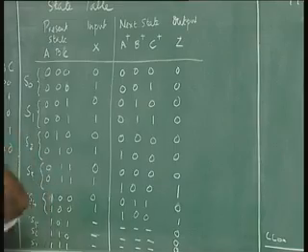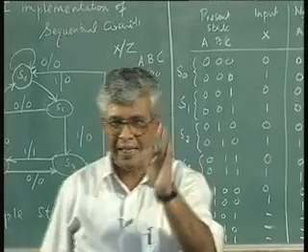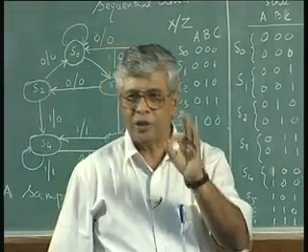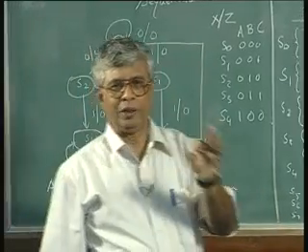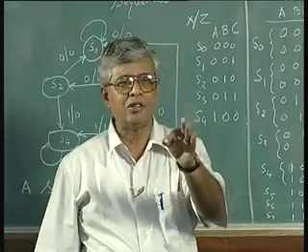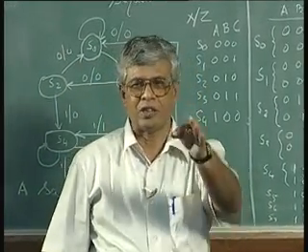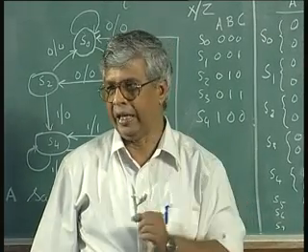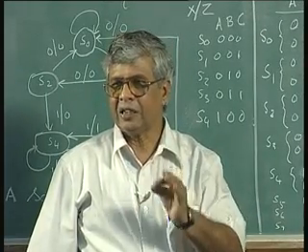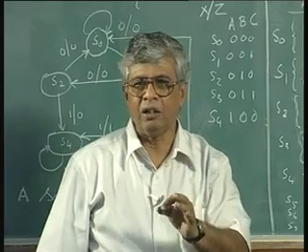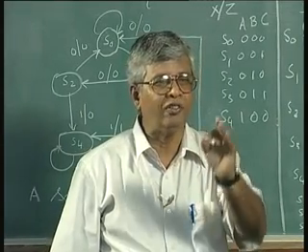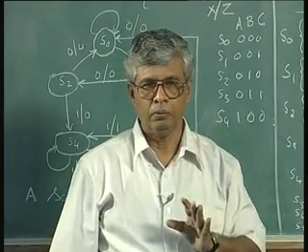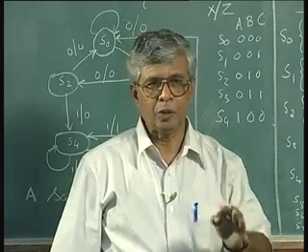So, the next state of the flip flop A should be 0 when the present state of the circuit is 0 0 0. The circuit is in S0 state, that is 0 0 0 state. The next value for A is 0 irrespective of the value of X.